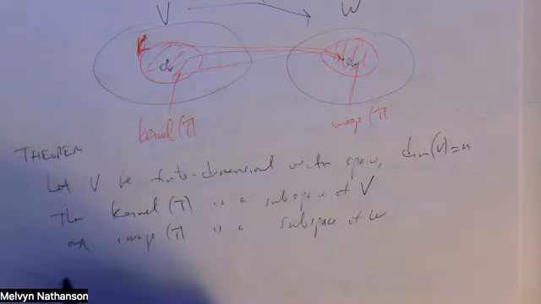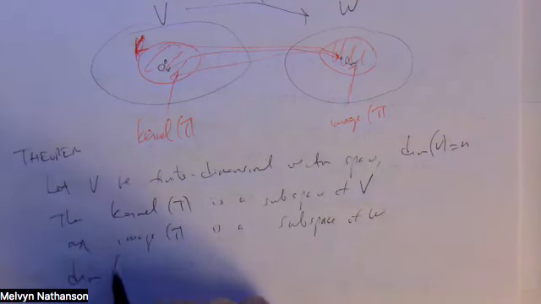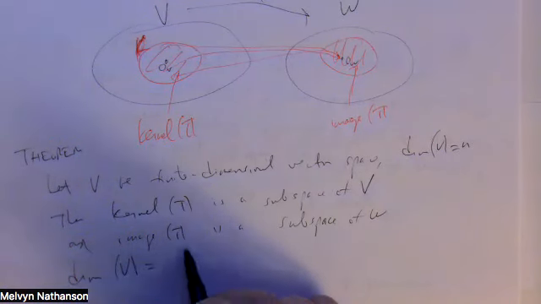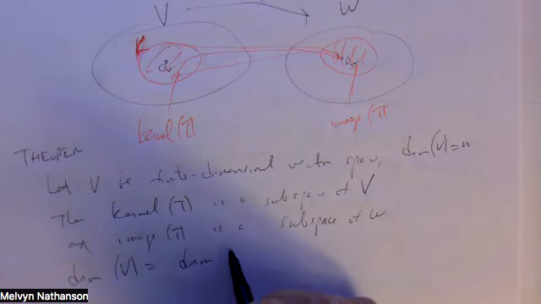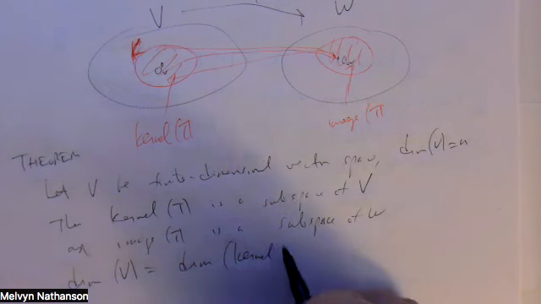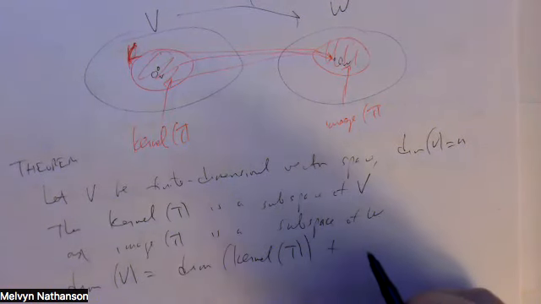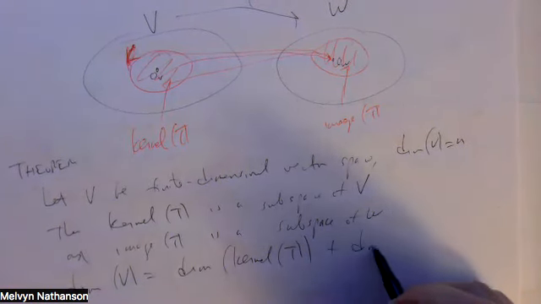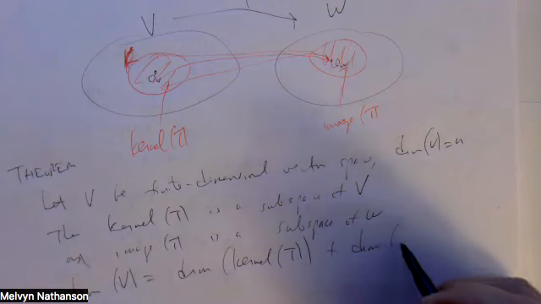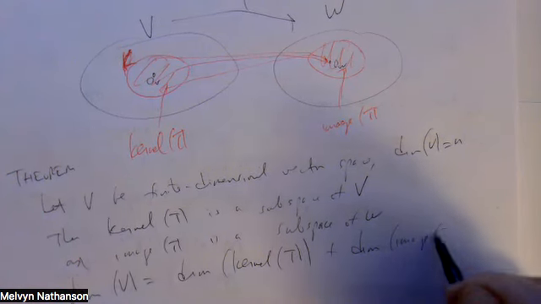The theorem says that the dimension of the vector space V is the sum of the dimensions of the subspaces: the dimension of the kernel of T plus the dimension of the image of T.